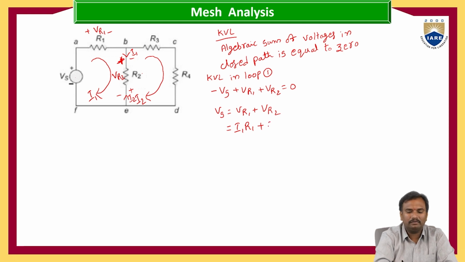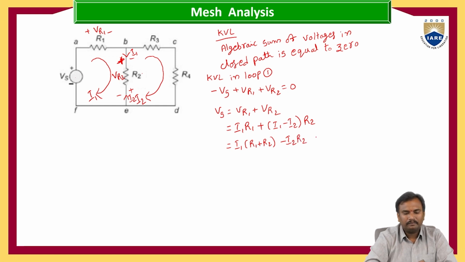So that is equal to I1 minus I2 into R2. That is equal to I1 into R1 plus R2 minus I2 into R2.